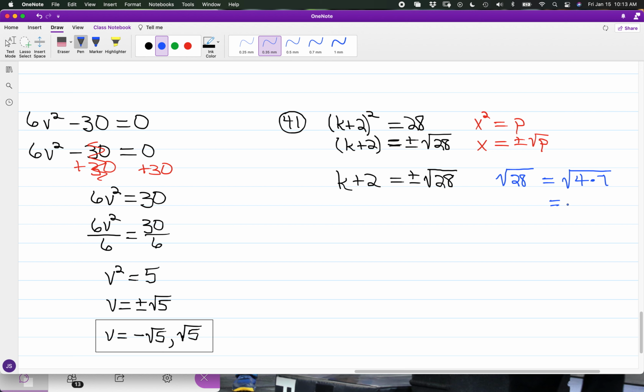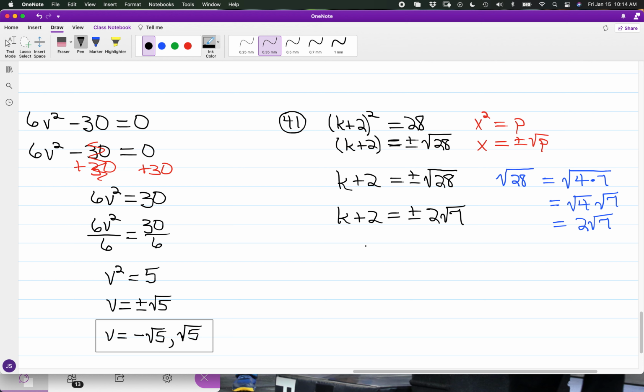So you have the square root of 4 times the square root of 7, and so you have 2 times the square root of 7. So for the square root of 28, you have 2 times the square root of 7.